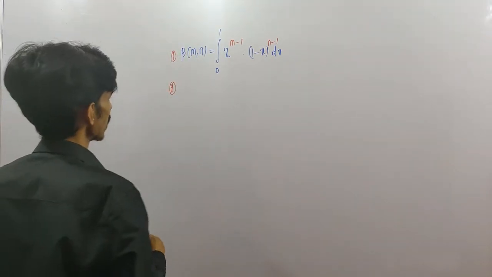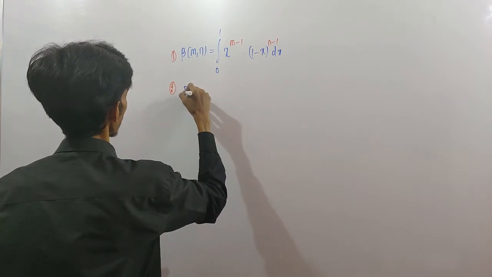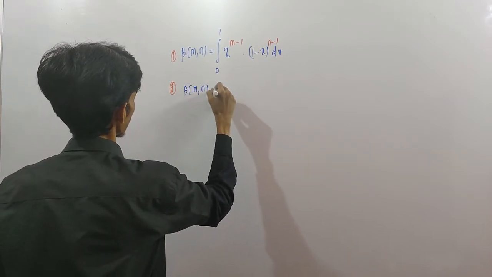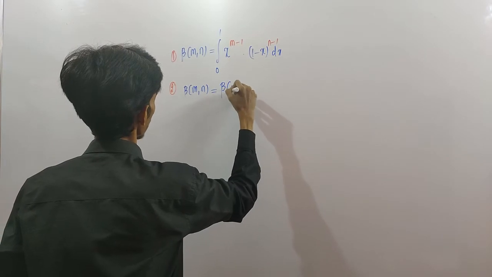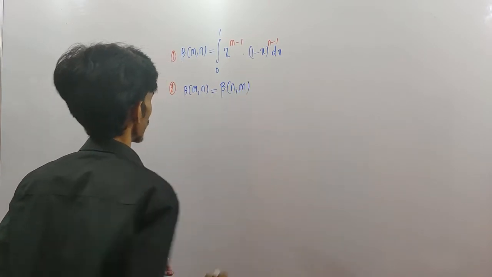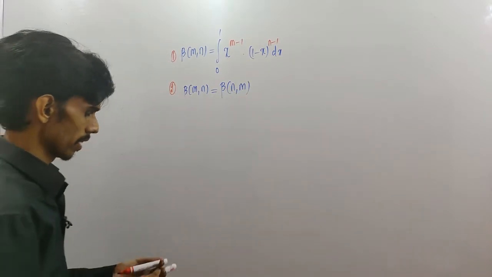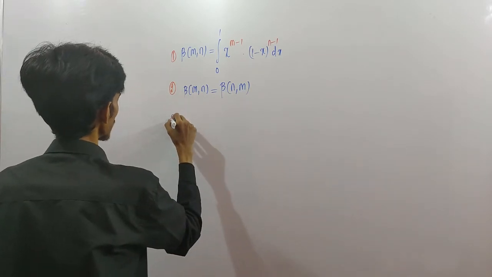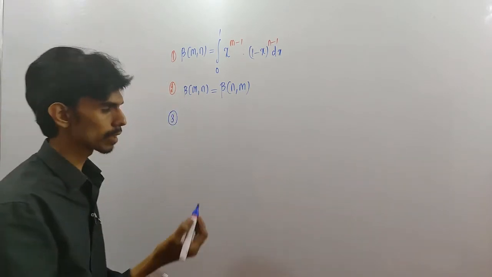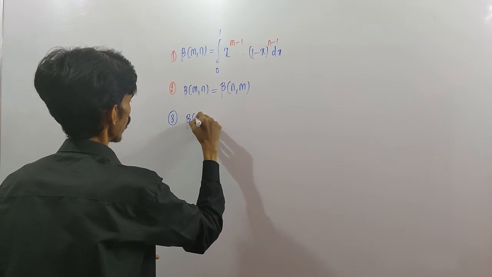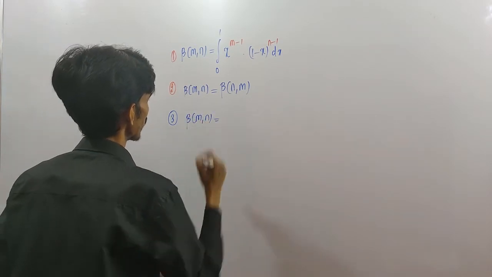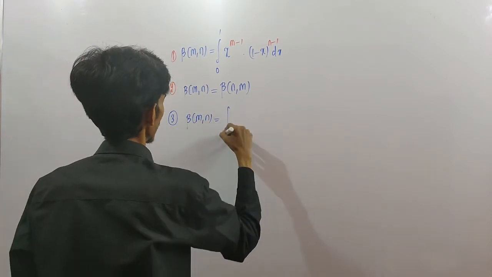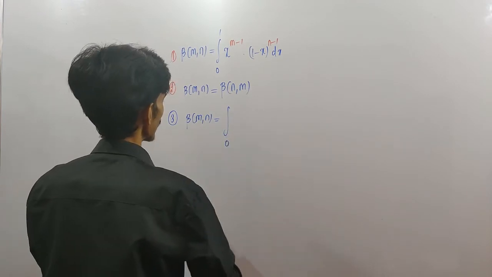Next, what we have seen, beta of m comma n can also be written as beta of n comma m. In the next class, we will see this beta function. Beta of m comma n can also be written as integration 0 to infinite.